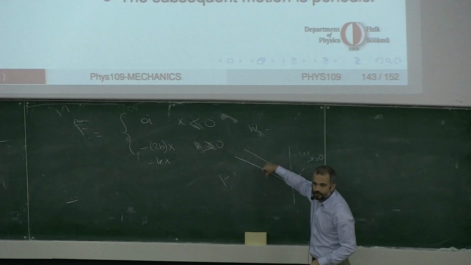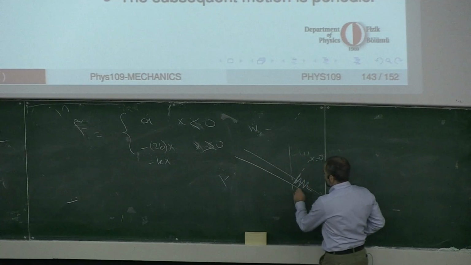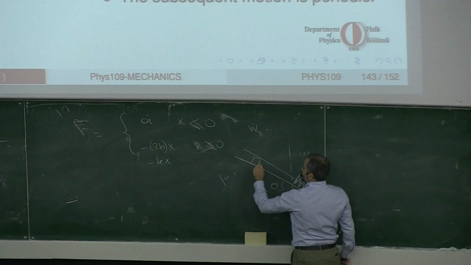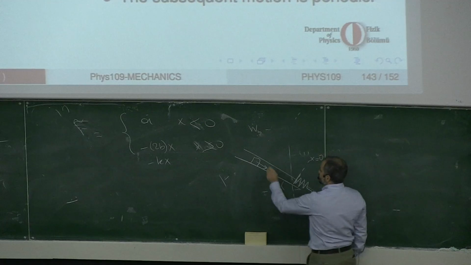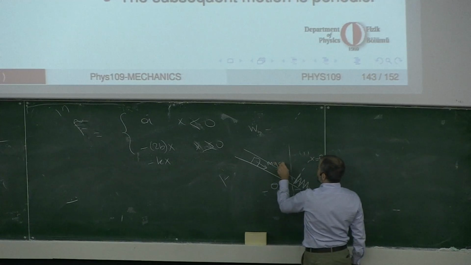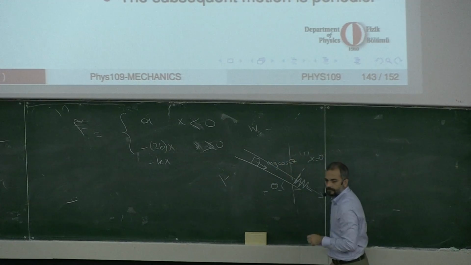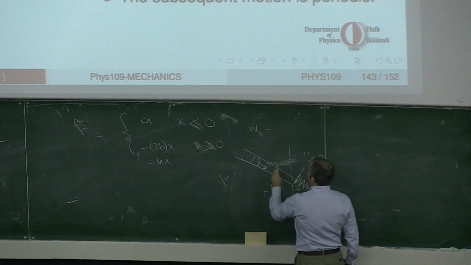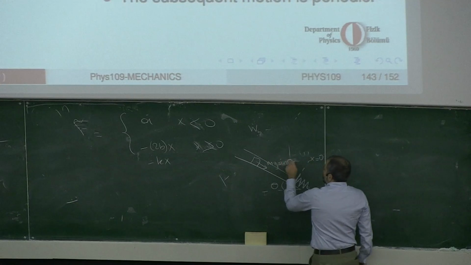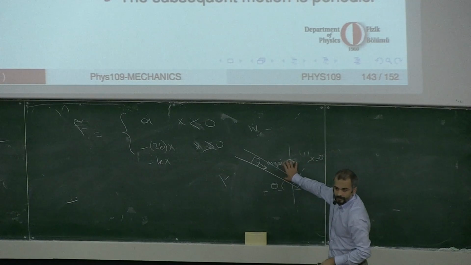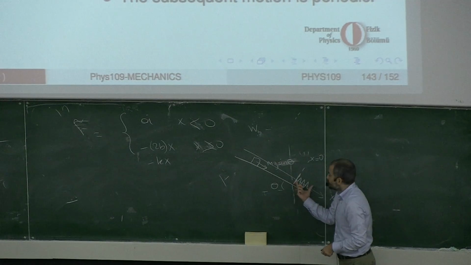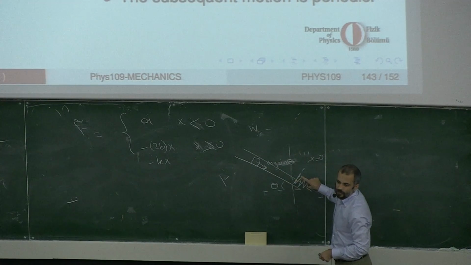It will not be mg, it will be mg times, if I take this angle as theta, if I put my mass over here, it feels a force mg sine theta. It is constant. When it starts compressing the spring, well, there is the gravity plus the spring force. We have two forces there.